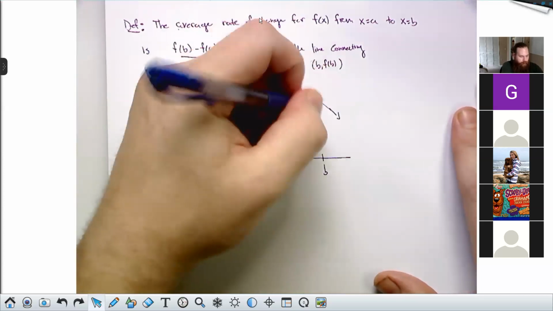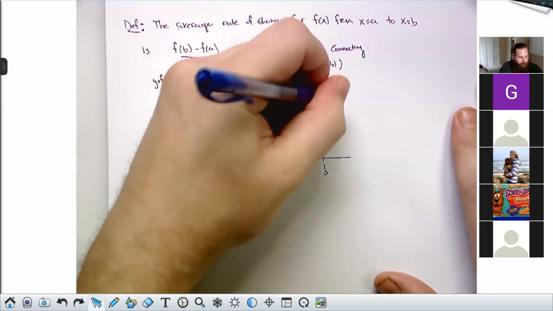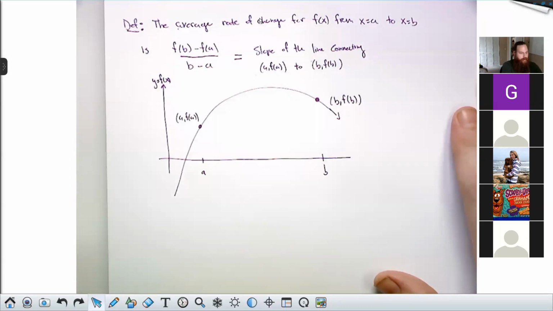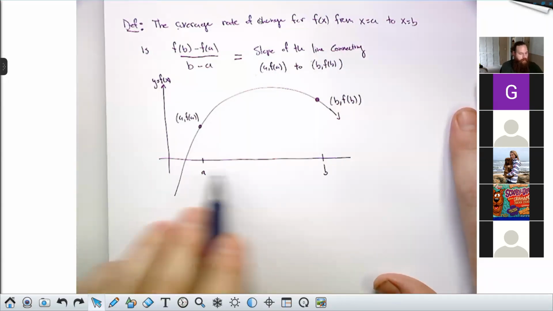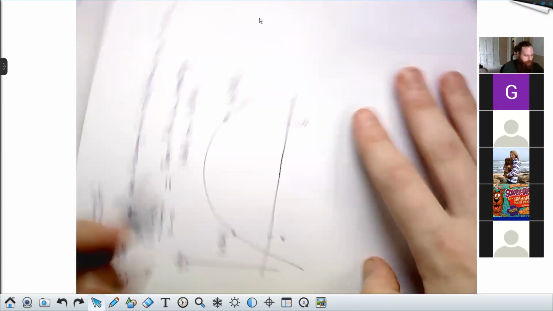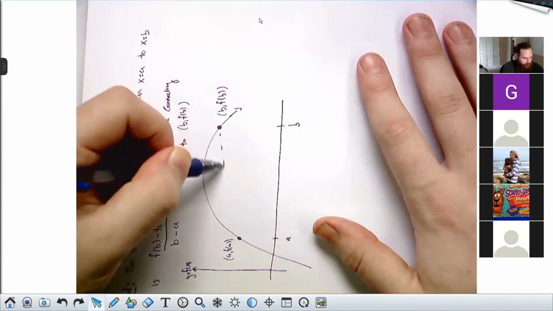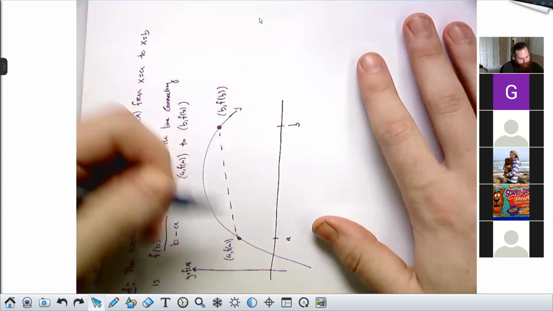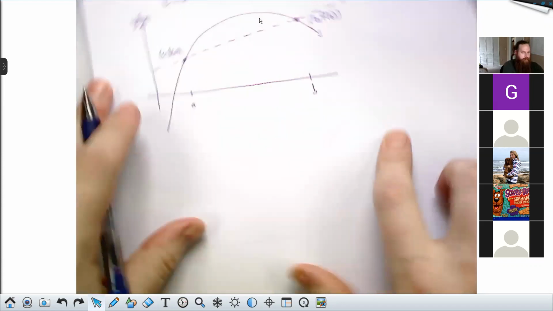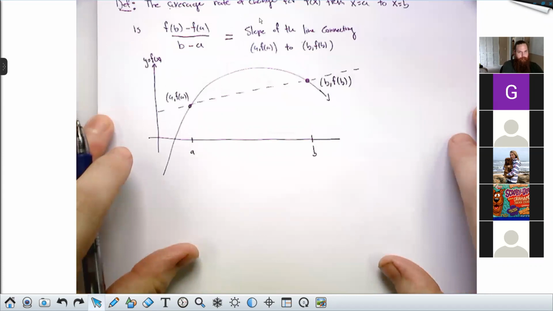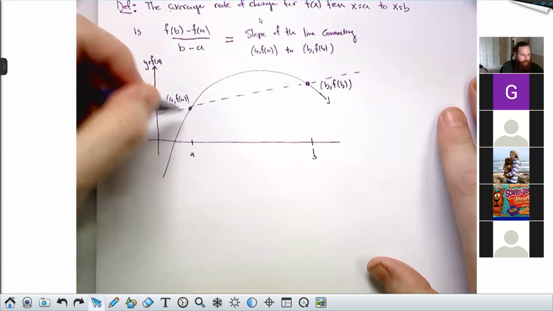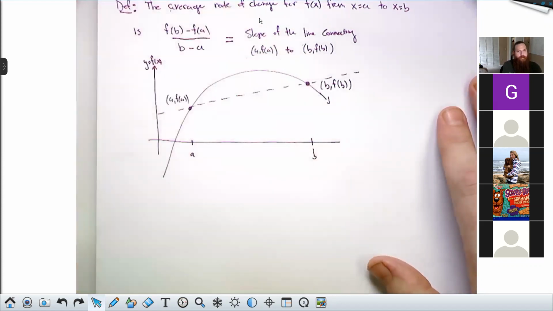And this point over here is b comma f of b. And the average rate of change for the function on the interval ab, or from x equals a to x equals b, is the slope of the line connecting those 2 points. It's how far you've gone up or down divided by how far you've gone to the right.